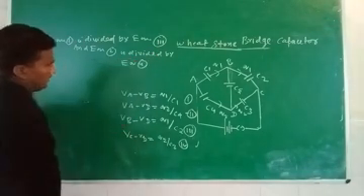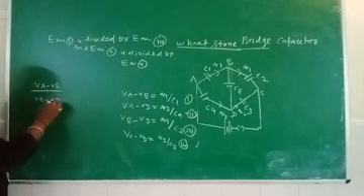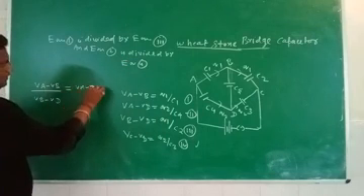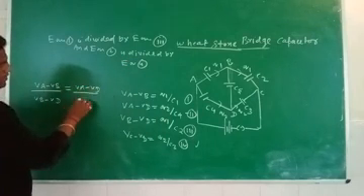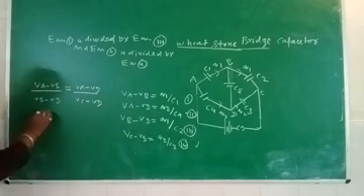Now the new relation is established: VA minus VB upon VB minus VD is equal to VA minus VD upon VC minus VD. Now the relation is stabilized.